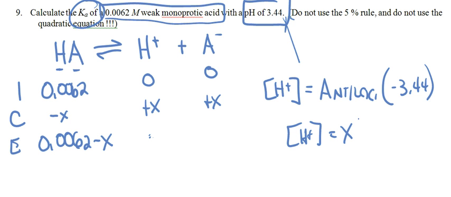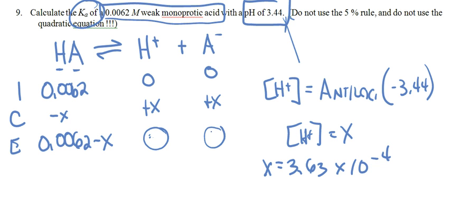So x is equal to 3.63 times 10 to the negative 4. Okay. So now that I know what x is, that's my hydrogen and my anion, that value right there. So I have two of those values. And since I know what my x is, I can include it in here.